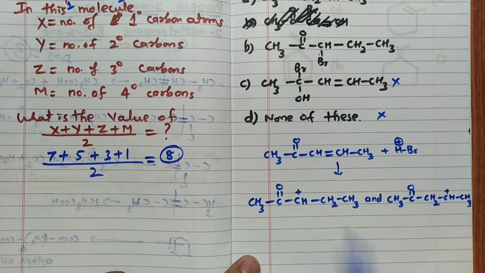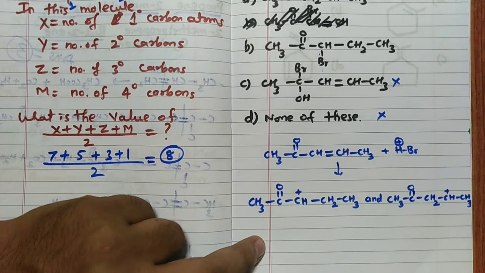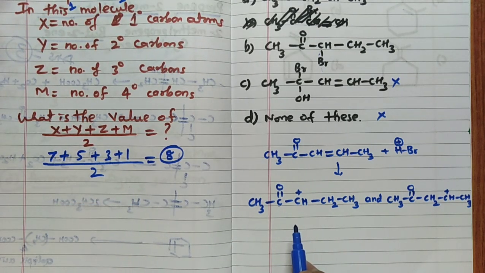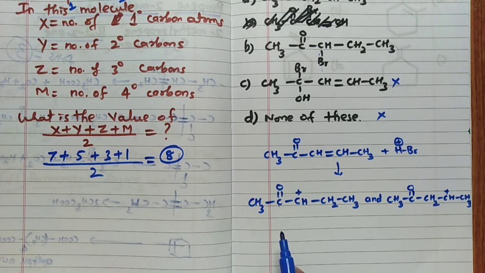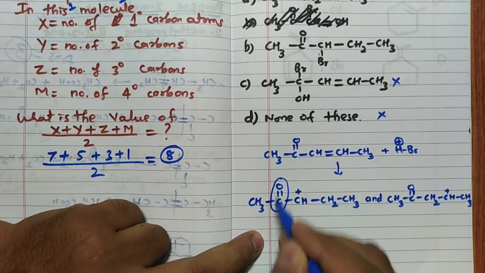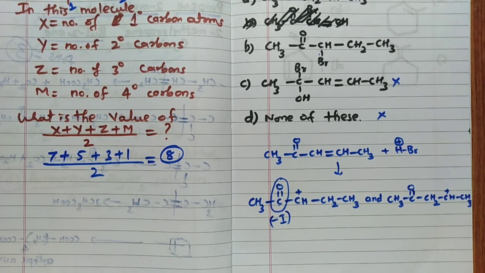But out of these two, which is more stable, that is very, very important here. Remember, the stability of the carbocation depends on the plus I effect. So tertiary is more stable than secondary, more stable than primary, because in tertiary there is a plus I effect from the alkyl group. But one thing you remember, this group is producing a minus I effect. Go back to the inductive effect and see that.